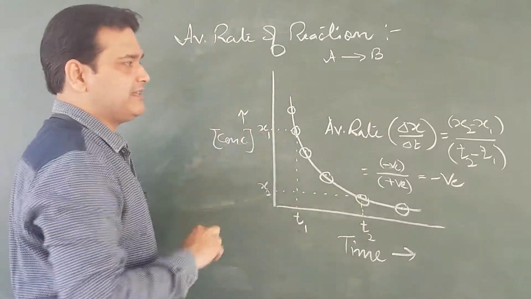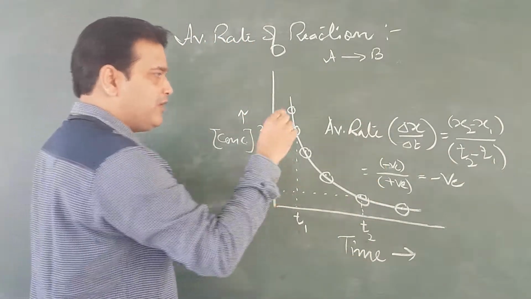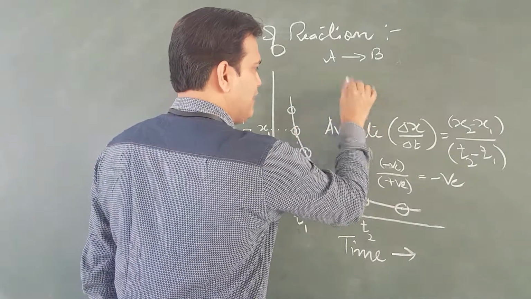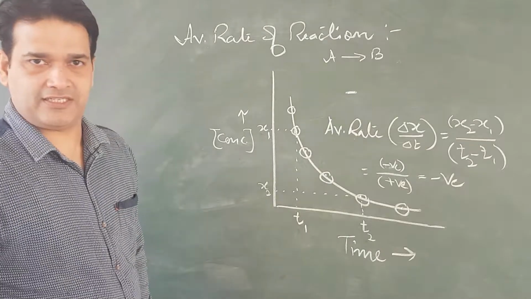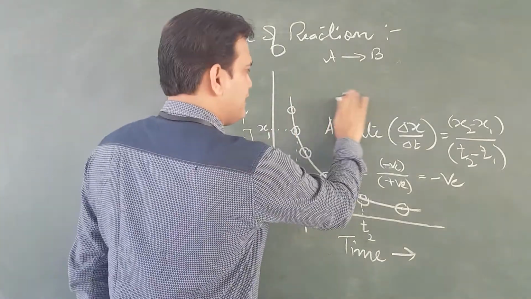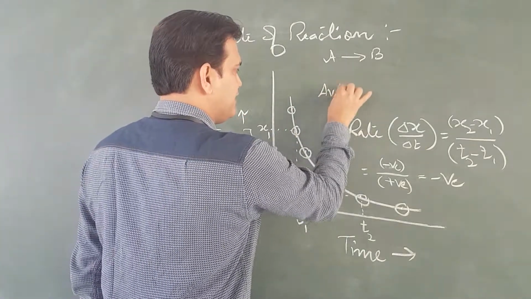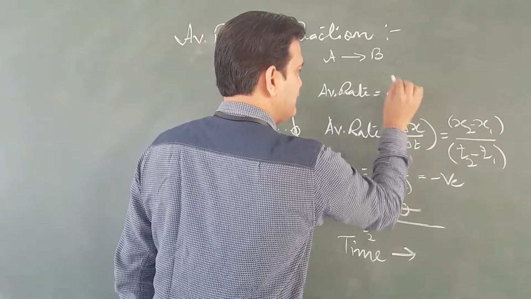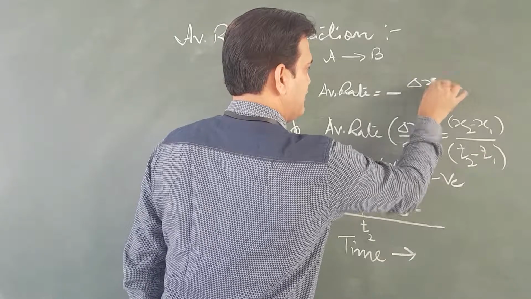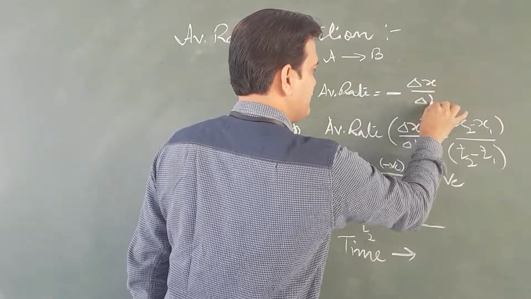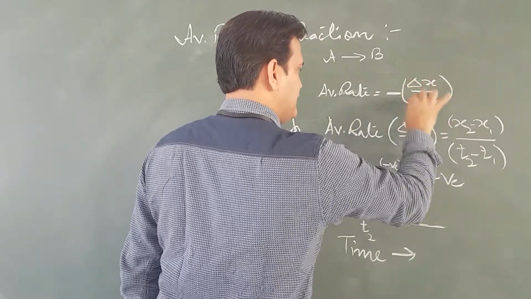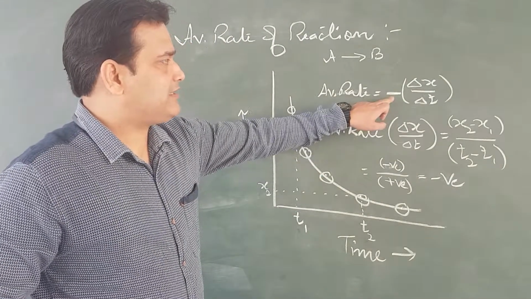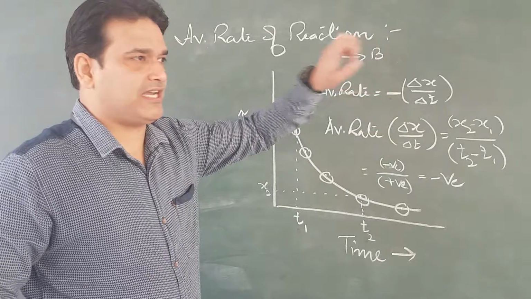This is the reason that we always put a negative sign when we calculate the rate of reaction. So average rate will be equal to negative delta x by delta t.